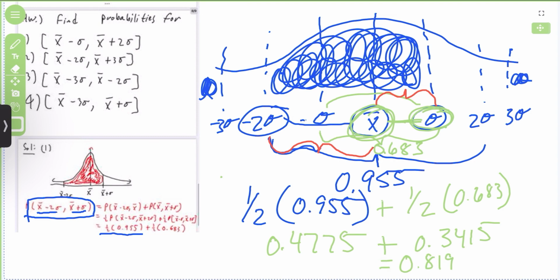So if we talk about that in terms of the probability of finding the values, or any value picked, falls in this portion.